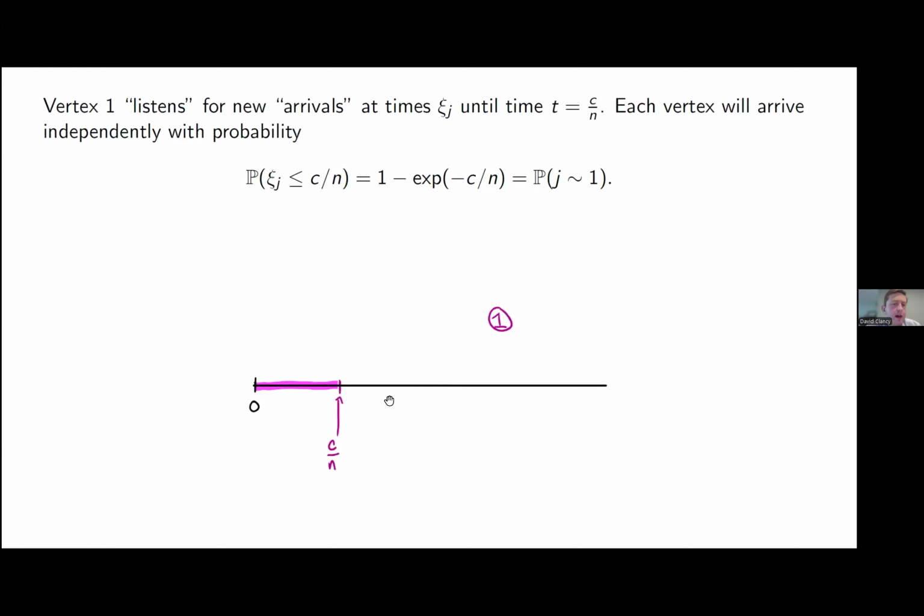Okay. So here's the picture of how this works. Now I'm just going to start with listening for vertex 1. Vertex 1 is going to listen for new arrivals at times psi_j, and it will listen until time t equals c over n. Since each vertex arrives independently, the probability that some arrival happens is precisely the probability that an edge appears in the graph.